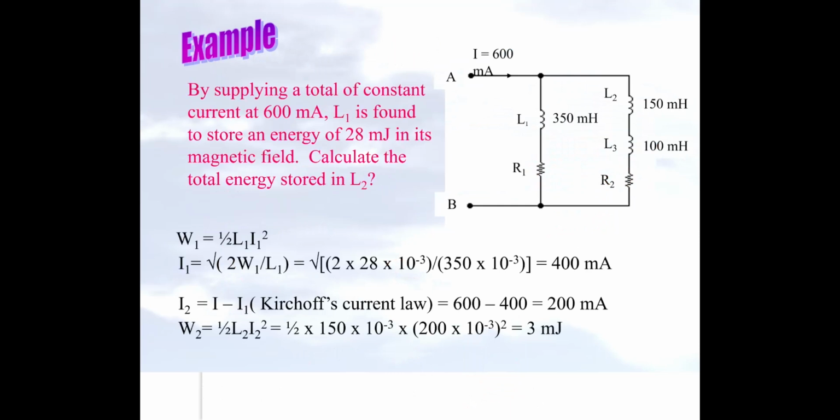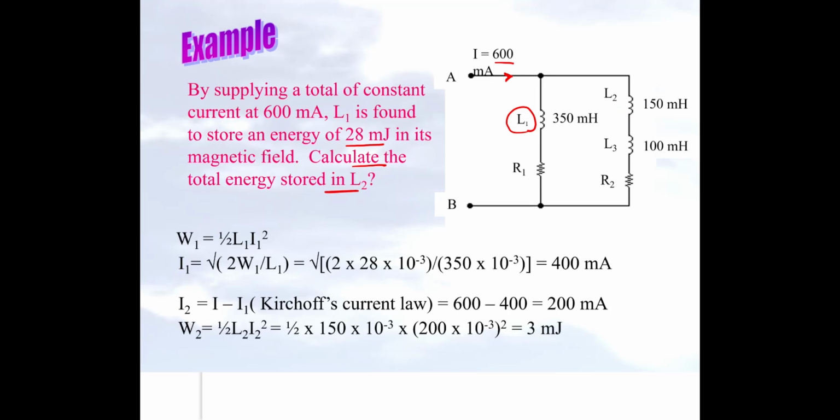So let's practice this simple equation. I have a network that has inductors and capacitors. I have a supply current here equal to 600 milliamp. I know that the energy stored in L1 is 28 millijoule, and we'd like to compute the total energy stored in the second inductor L2.